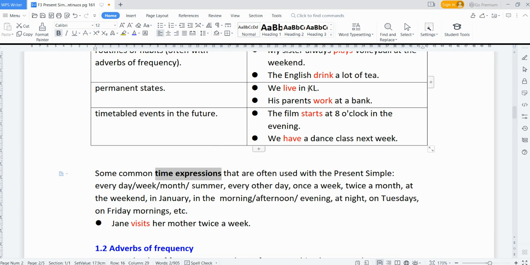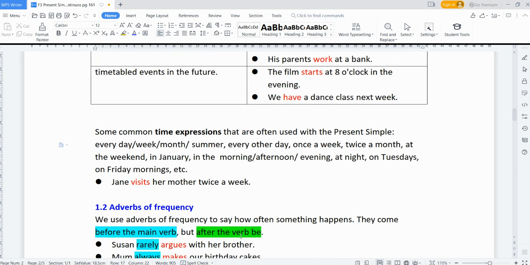Okay, for example, every day, every week, every month, every summer, every other day, once a week, twice a month, at the weekend, in January, in the morning, in the afternoon, in the evening, at night, on Tuesdays, on Friday mornings, and etc. For example, Jane visits her mother twice a week. Jane visits her parents every Saturday. Okay, something like that.